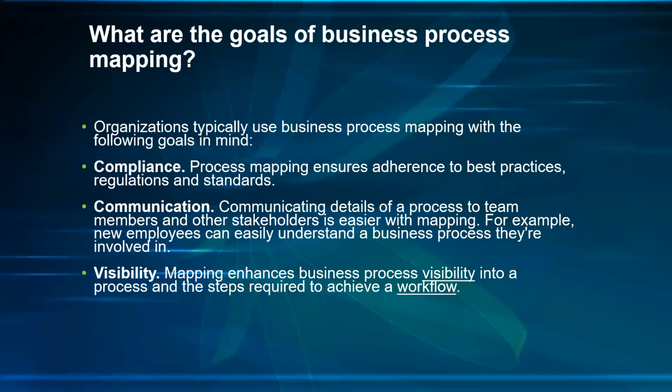So what are the goals of business process mapping? Most organizations use process mapping with the following goals in mind. Compliance: process mapping ensures adherence to best practices. When we see the flow, it's easy for us to adhere to it. Communication is easier. For instance, you have a new employee and you want to onboard the person.